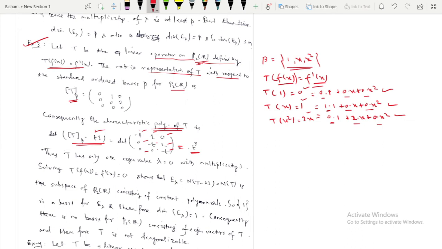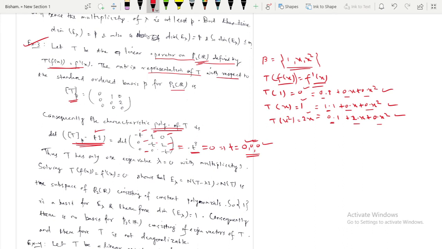If its determinant is minus T cube, then what is the eigenvalue? Make the determinant of A minus lambda I equal to 0, and whatever you get, this is your T equal to 0, 0, 0. That means the eigenvalue is 0, and this is the only eigenvalue, and it is repeated thrice.